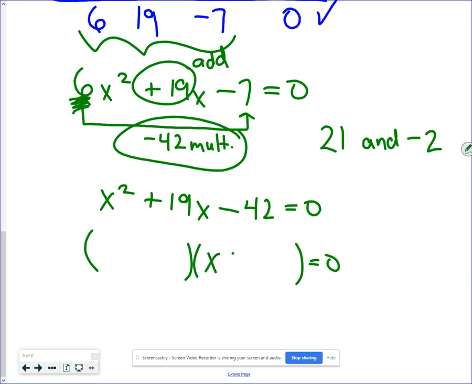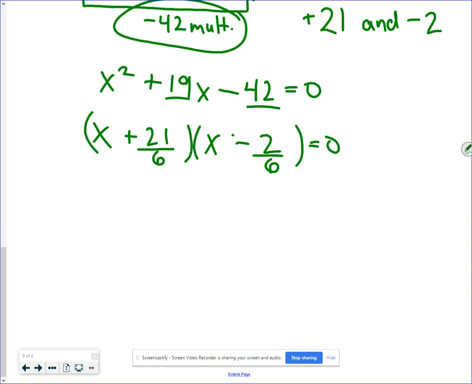So we can put x and x down. What 2 numbers multiply to be negative 42 and add to be 19? Positive 21 and negative 2. So let's put plus 21 and minus 2. What are we using? Slip and slide. So remember, we slip the 6 to the back, so slide the 6 back into the problem, and then reduce these.